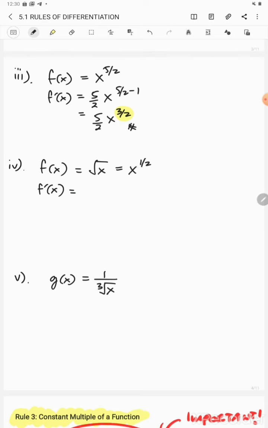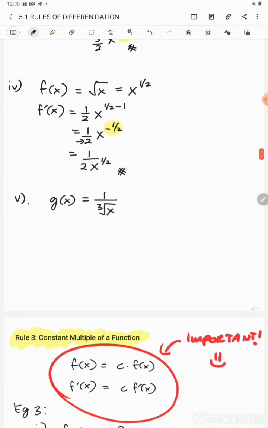So now you have to bring 1 over 2 in front of x. 1 over 2 x, and 1 over 2 minus 1, we get here negative 1 over 2. Remember now we have a negative exponent, you have to bring it down. So the answer will be 1 over 2 square root of x. The power goes down, so it becomes positive. That's all. This is the answer.